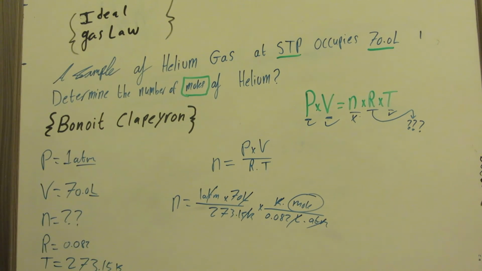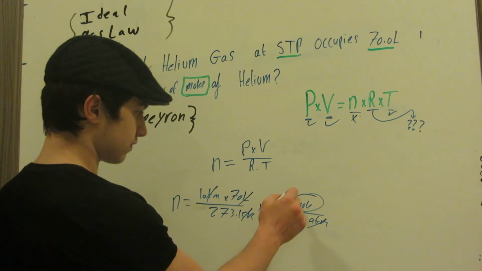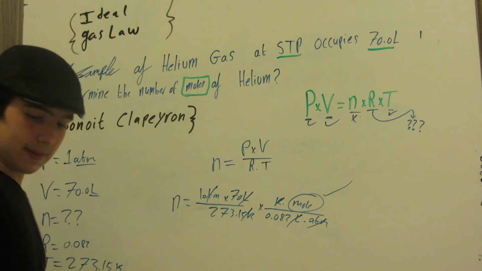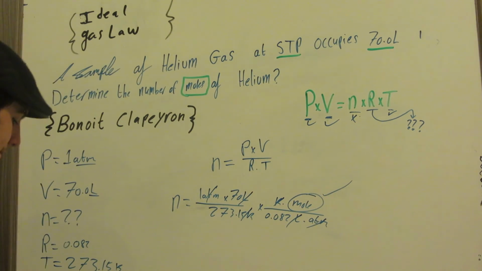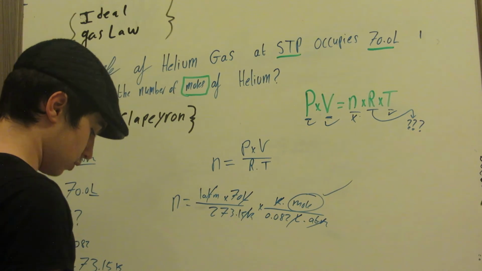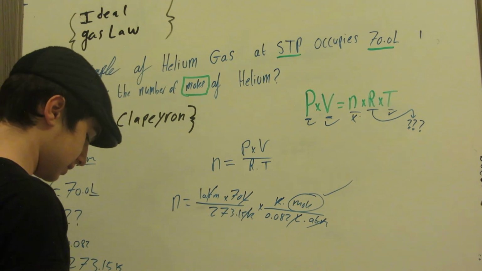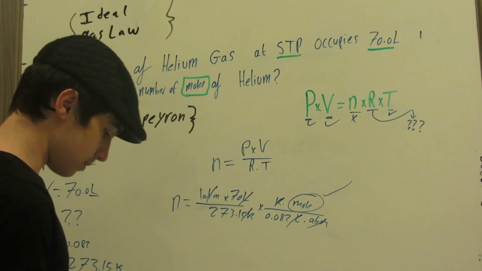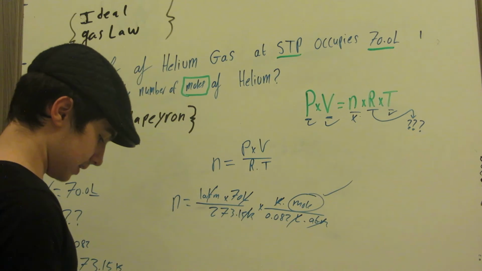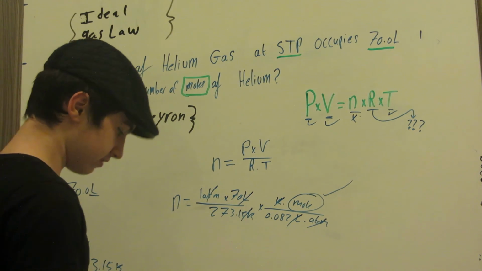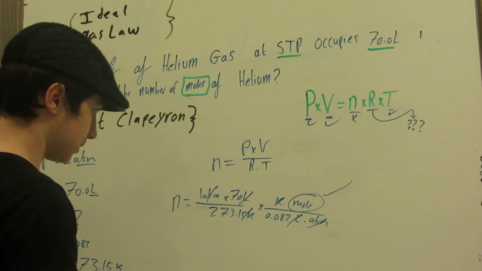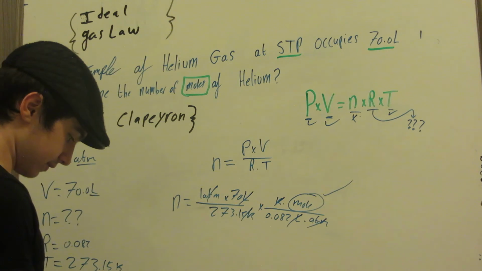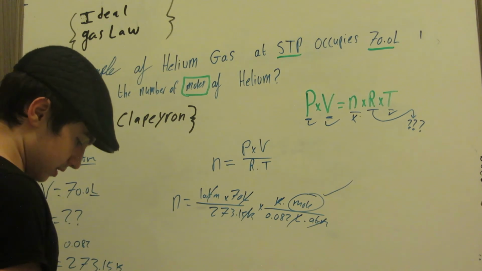Now let's do the math. What's good about that is that we knew we're searching for the moles. So let's do it in the calculator real quick. We put down 1 times 70 over 273.15, then we multiply that by 0.0821. Oh, you know what, just a second.